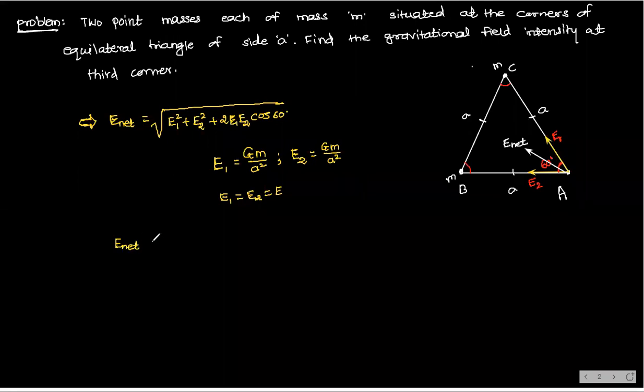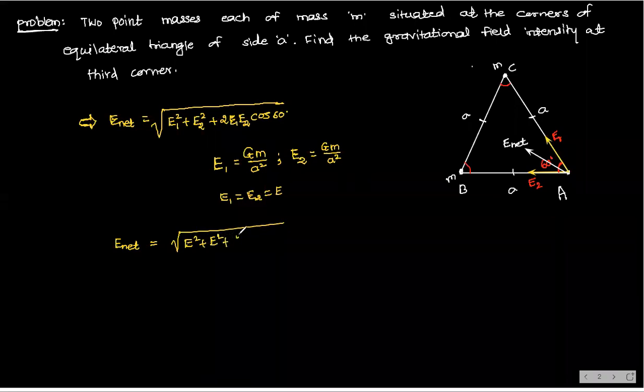E net is equal to the square root of E square plus E square plus 2 into E1 E2, means again E square only. Cos 60 is how much? 1 by 2. Now this 2 and this 2 will get cancelled.